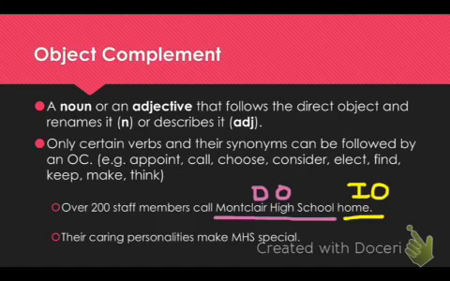The word home is renaming Montclair High School. In the next example, their caring personalities make MHS special. Again, MHS is the direct object, and in this case, the adjective special is the object complement, and it's describing MHS.